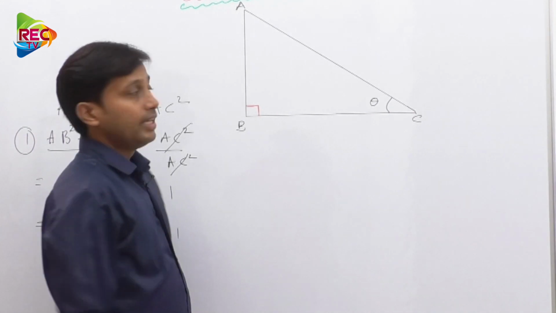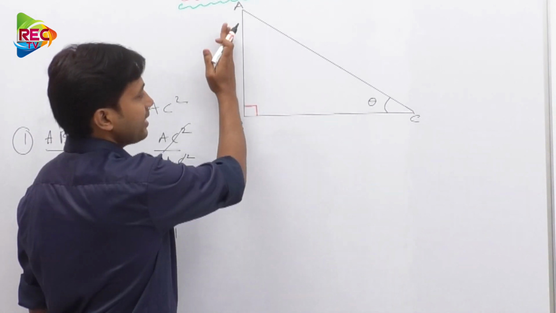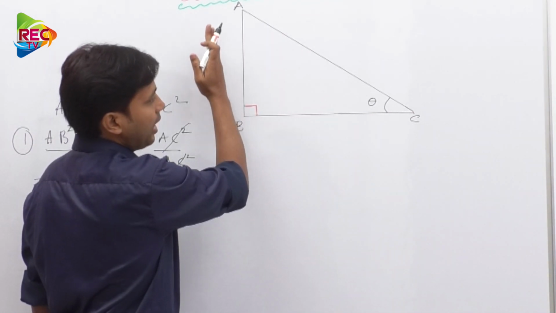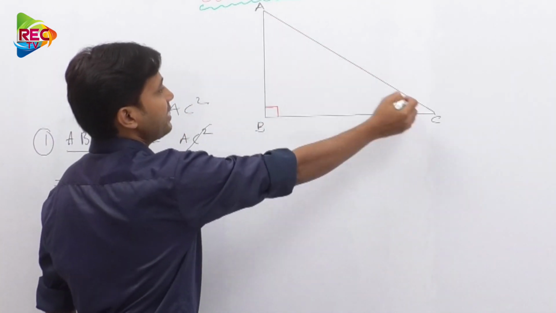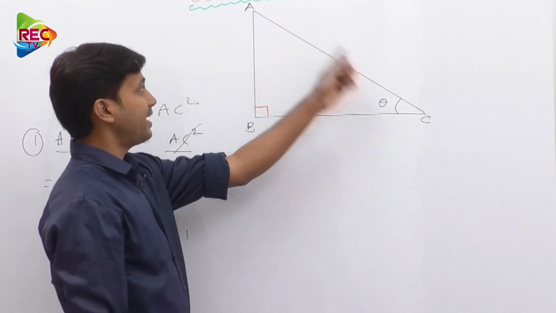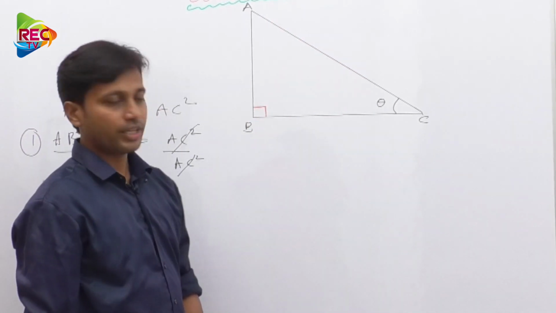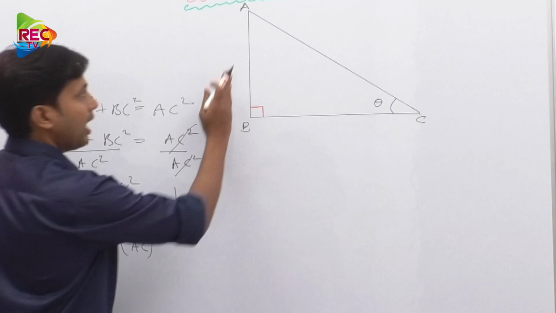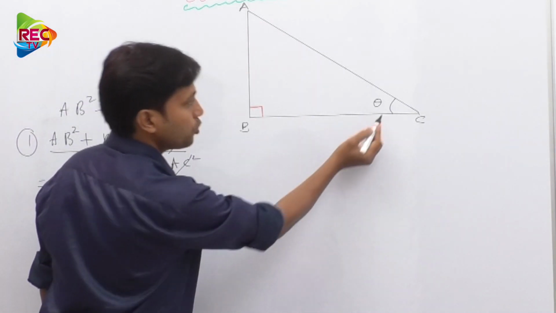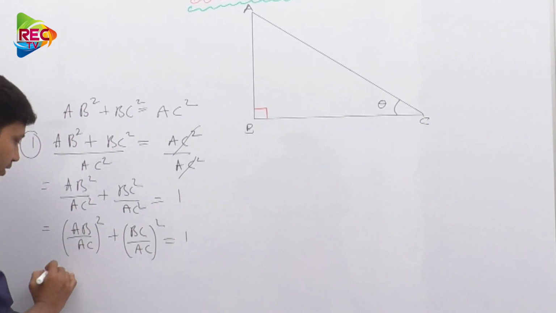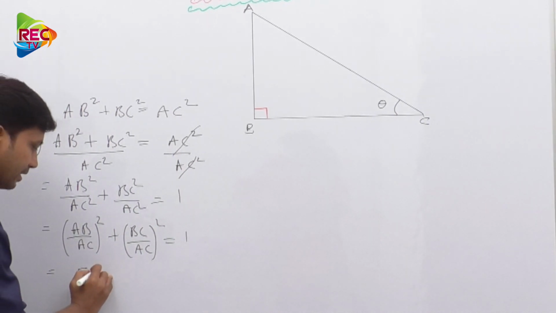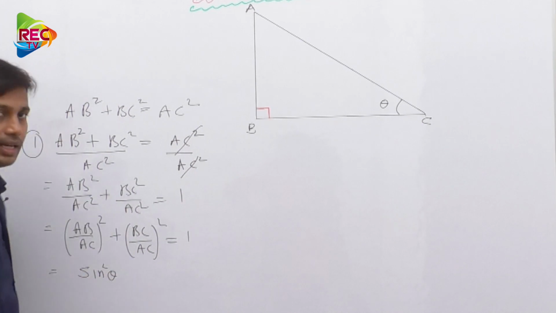AB is exactly the opposite side to this theta. AC is the hypotenuse because it's the side opposite to the 90 degrees angle. So we can write it as opposite side by hypotenuse to this theta, which is sine theta, whole square. So it can be further written as sine square theta.